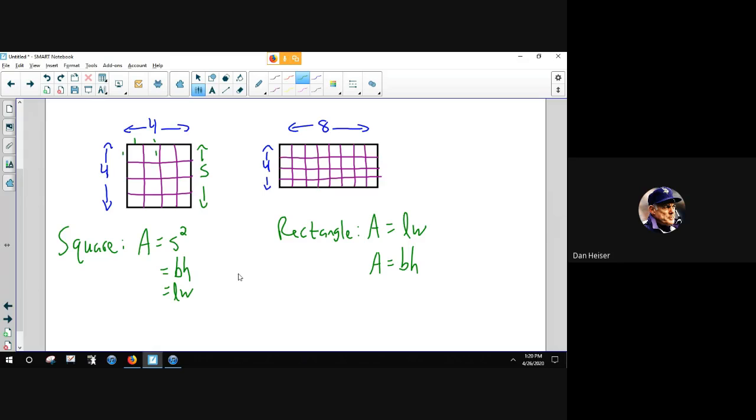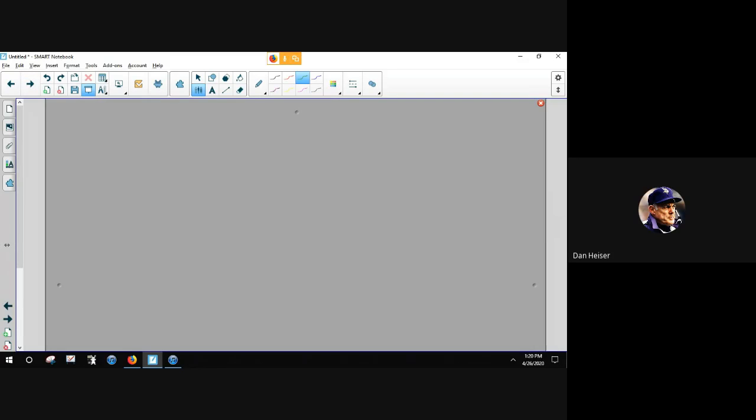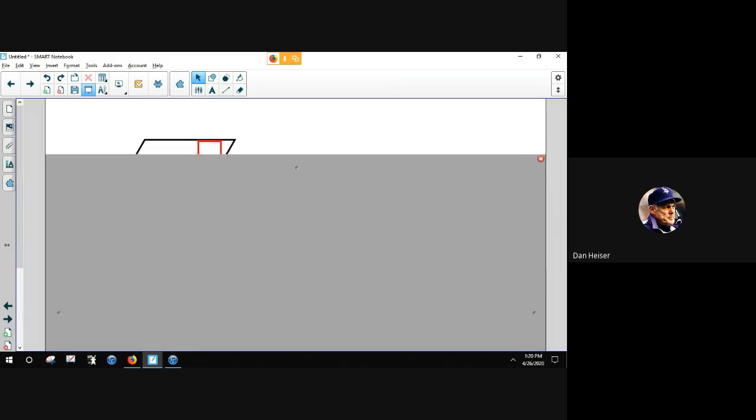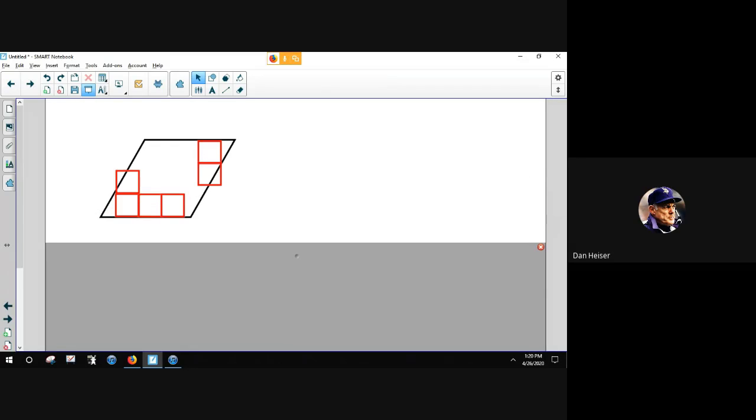And that's where a problem arises. Because we don't always have a nice, perfectly square figure. Like this. Parallelogram. This unit square here can only go over so far.